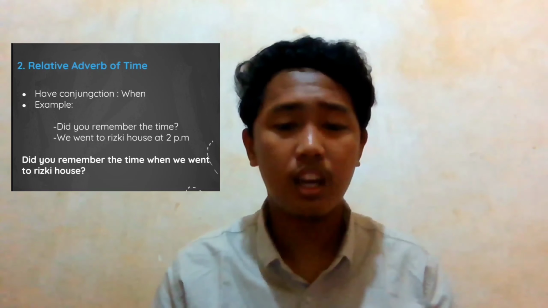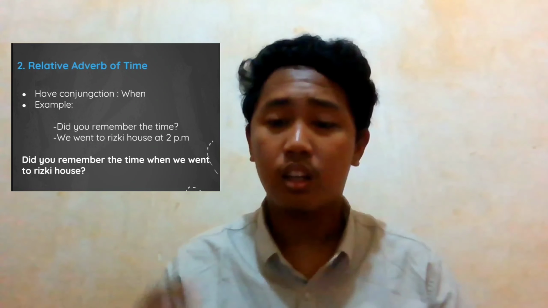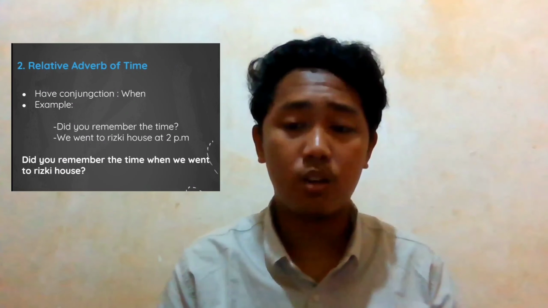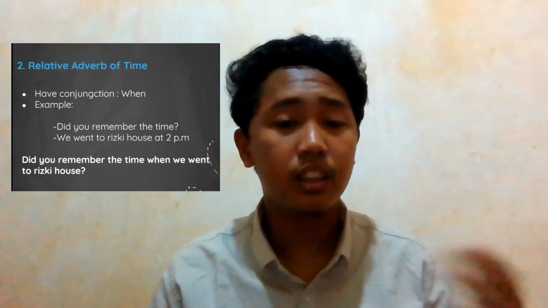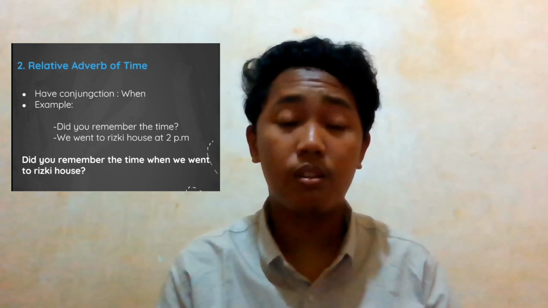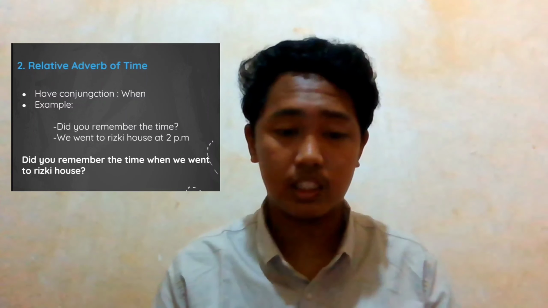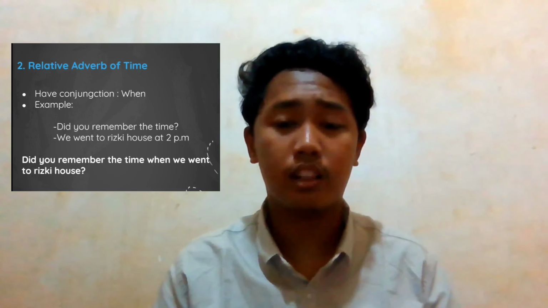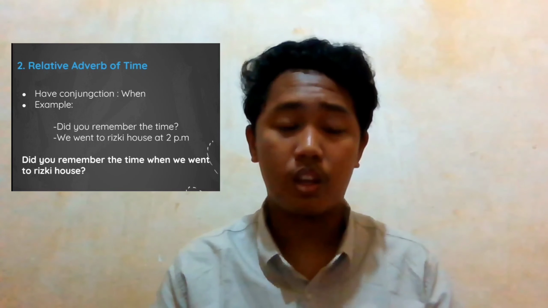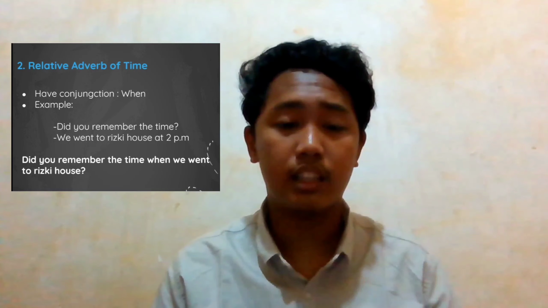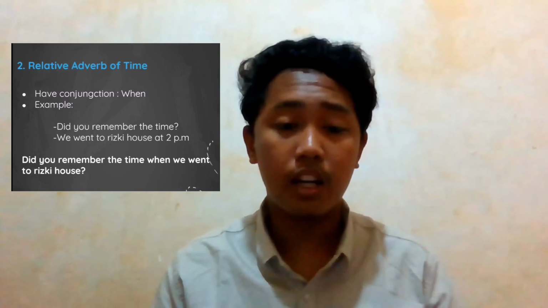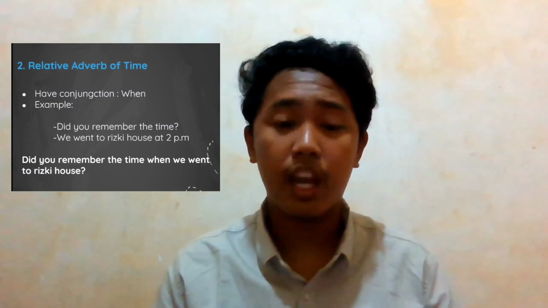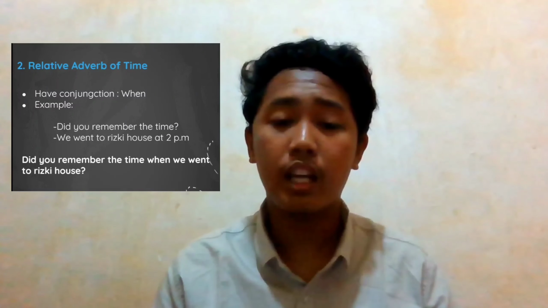The similarity is the time and at 2 p.m., because they both describe time. We write the sentence like this: do you remember the time when we went to Rizki's house? Why don't I write at 2 p.m.? Because at 2 p.m. has been explained by the conjunction when.